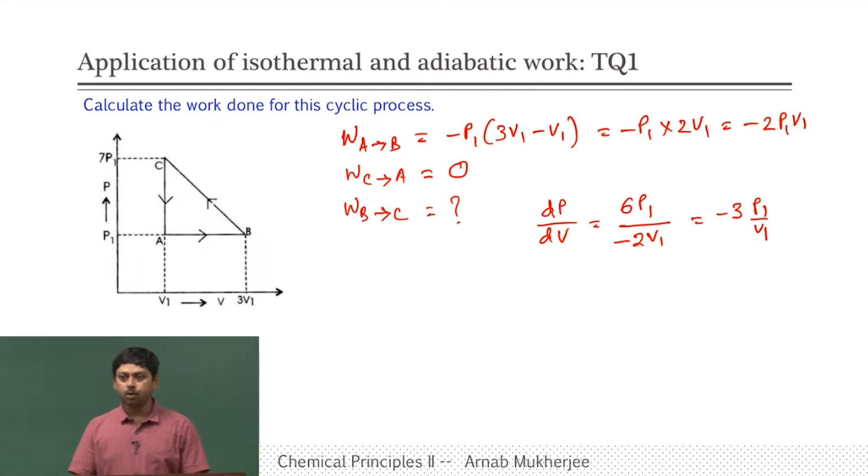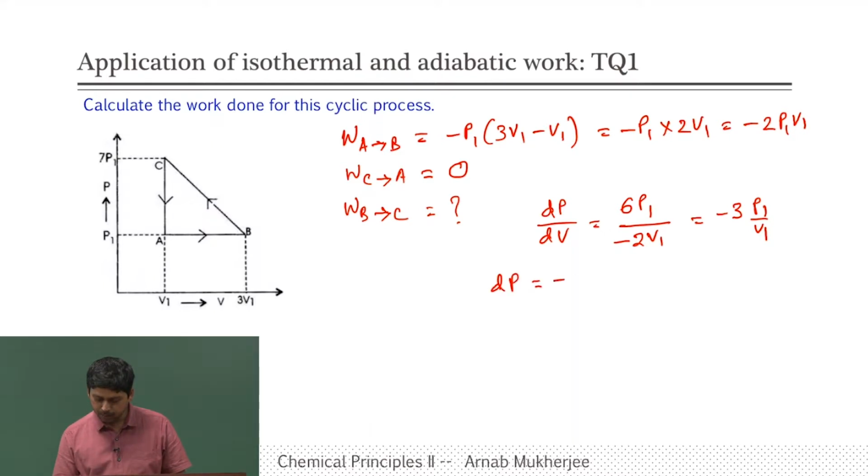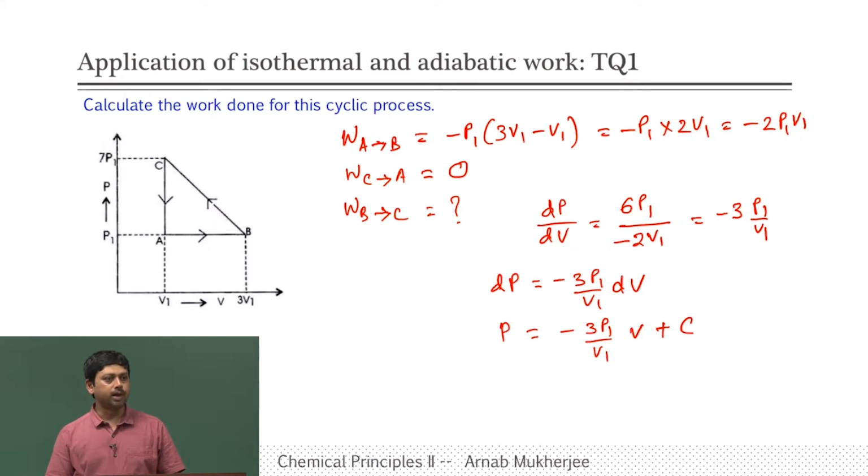Right. It is a negative slope, it should be negative, because when pressure increases volume decreases. So, that means dP equals minus 3 P1 by V1 dV. When you integrate it, we get P equals minus 3 P1 by V1 into V plus C. We need to find the value of C, and for that we need to put in some points.